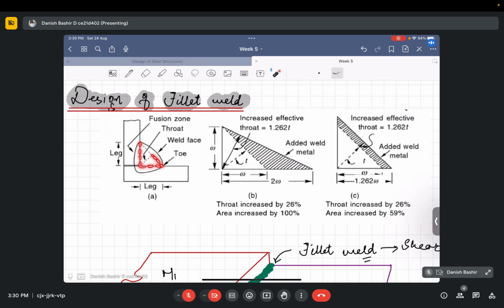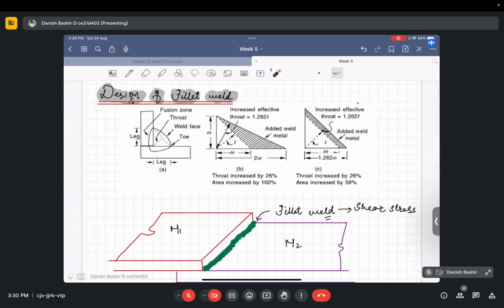The corners of that triangle should touch the extremes of the cross section of the fillet weld at three different points. For that right angle triangle, the largest length of the leg gives me the size of the fillet weld.